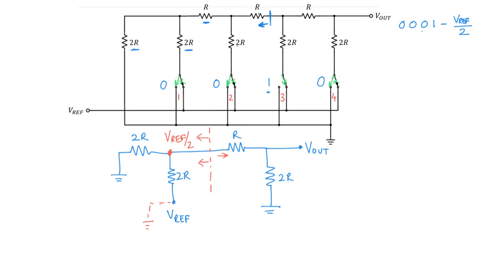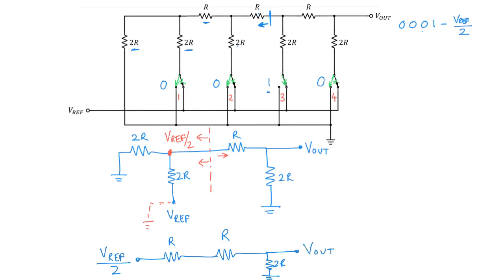And how would the Thevenin equivalent look? The Thevenin equivalent would simply be a voltage of V ref over 2, connected through a resistance of R. And then you have this circuit here, right? So you have R here, and then you have 2R here, and you have V out.